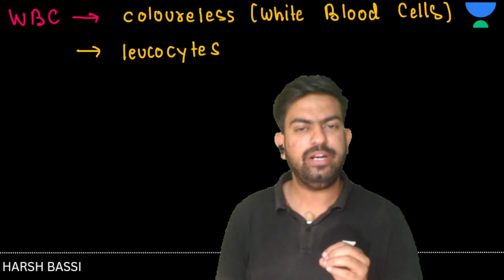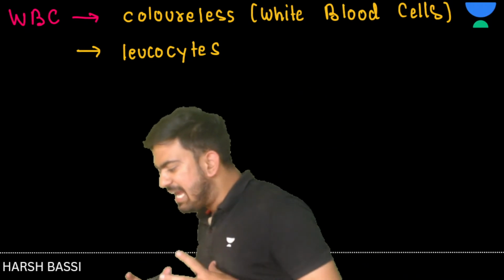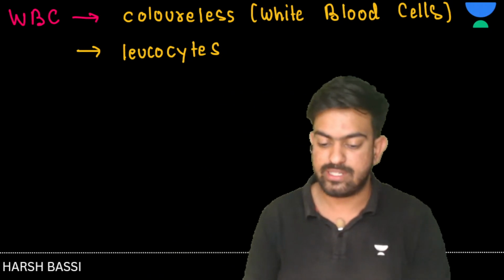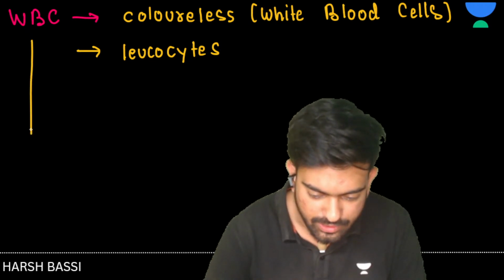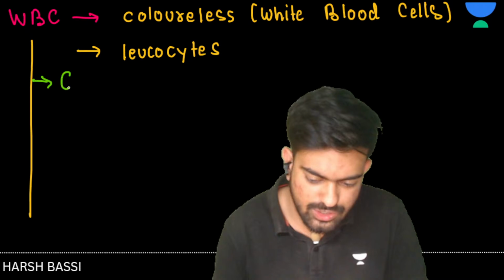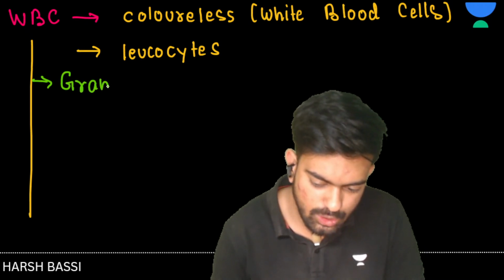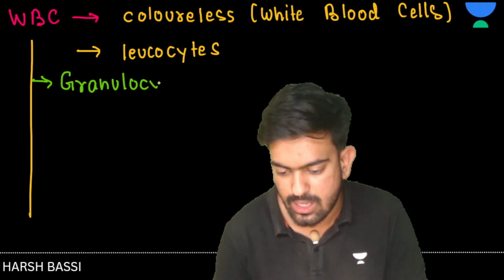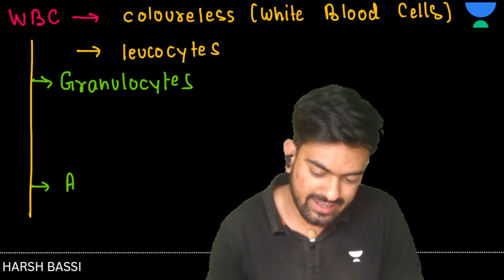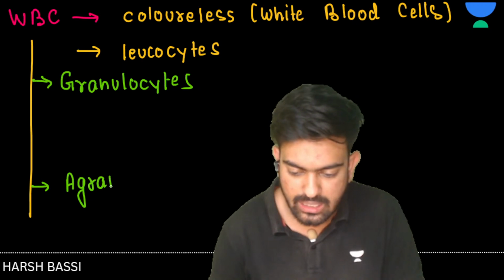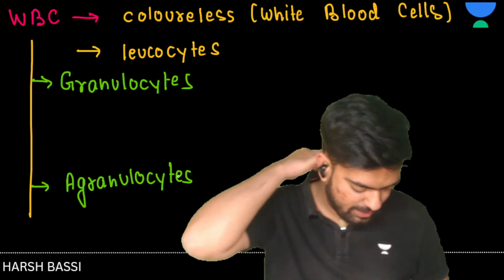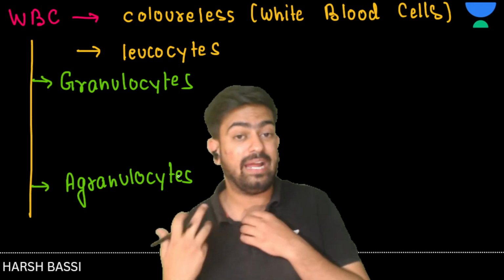But if I talk about the WBC, बच्चों, WBC has the following types: granulocytes and agranulocytes. Clear? What is the type of WBC?